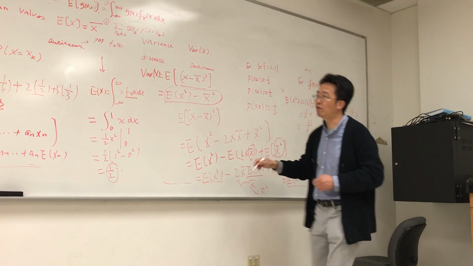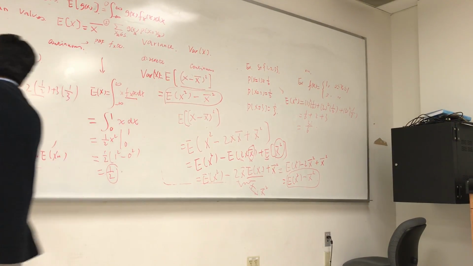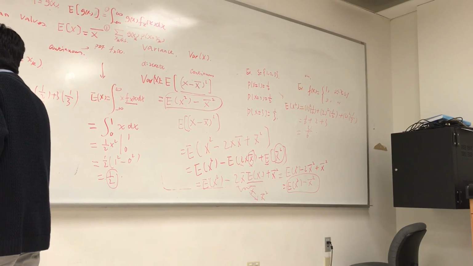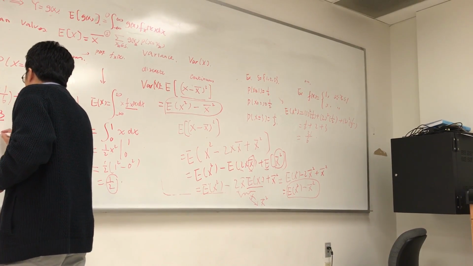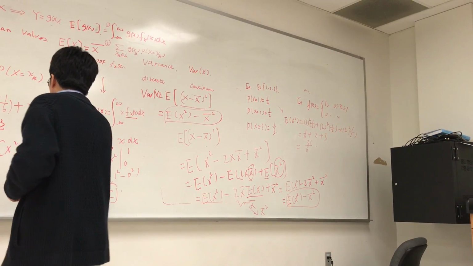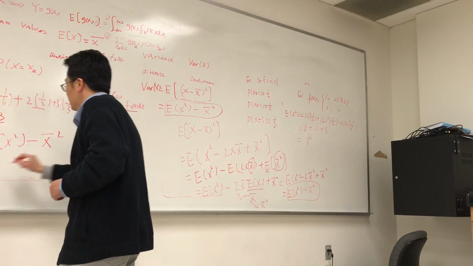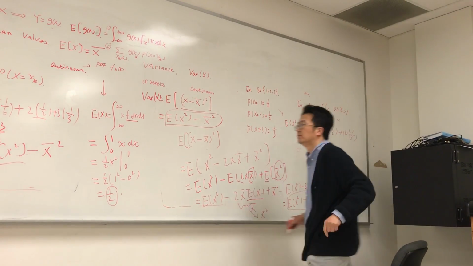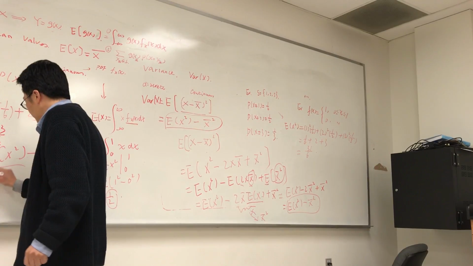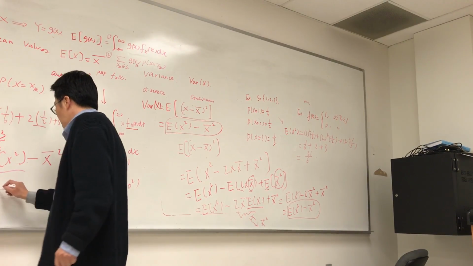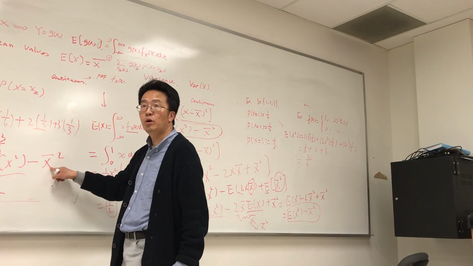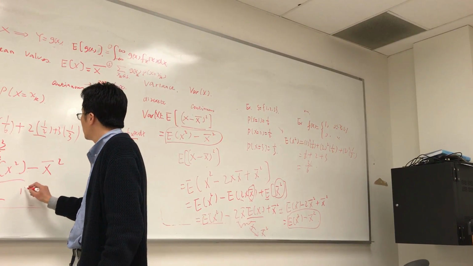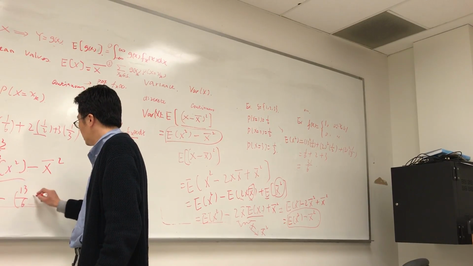Then from here, the variance of this discrete random variable equals E of X squared, which is given here, minus the square of the mean. The mean is 13/6, so 13/6 squared.